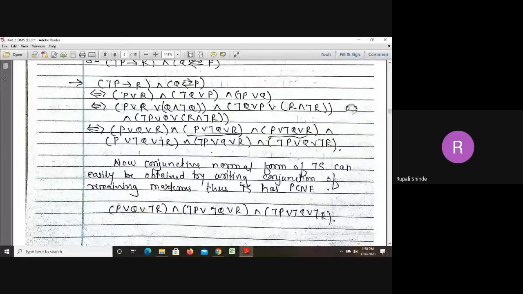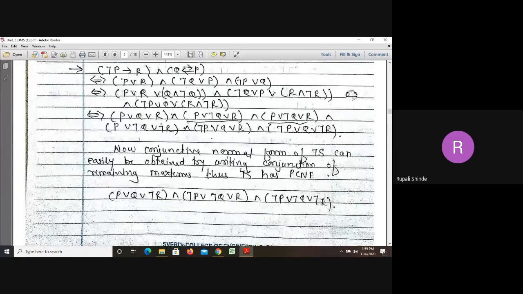Check करा, जे ह्यामध्ये नाही आहेत. टोटल 8 पैकी इथे 5 आहेत, तर ते 5 सोडून राहिलेले जे टर्म्स आहेत ते आपण PDNF साठी कन्सिडर करणार आहे. So these are 3 terms: P or Q or negation R. Check here, that term is not present here, and negation P or negation Q or R, that is also not present here.